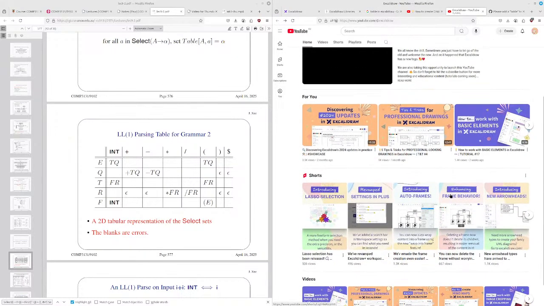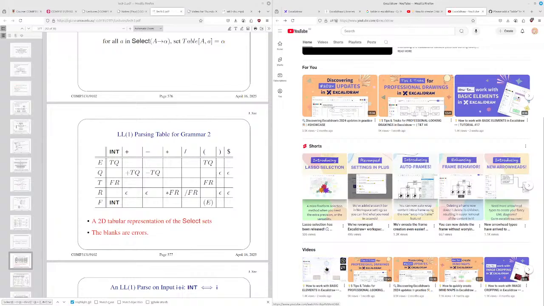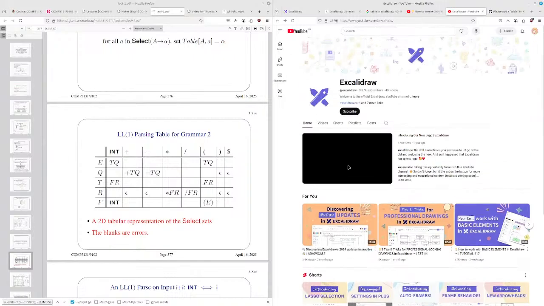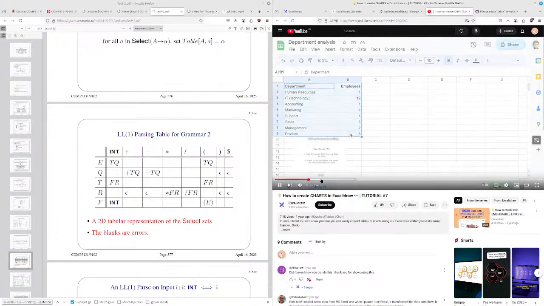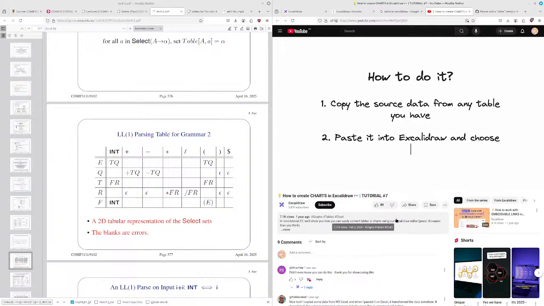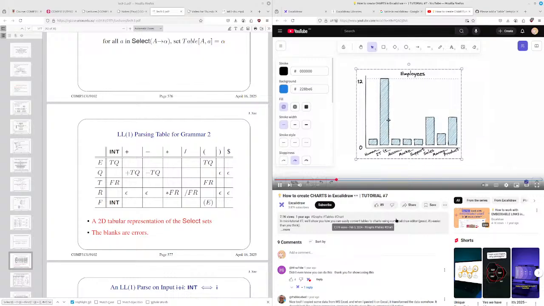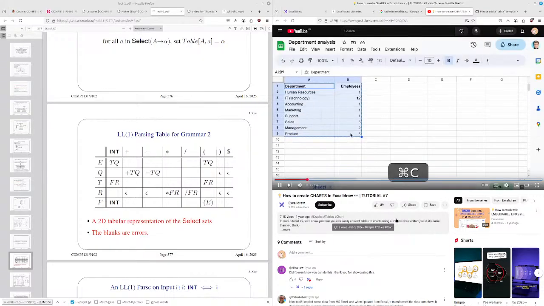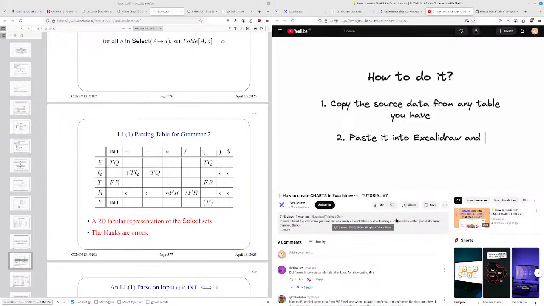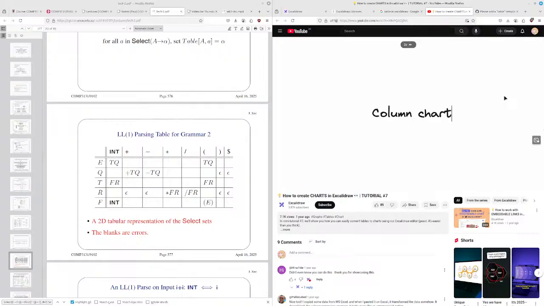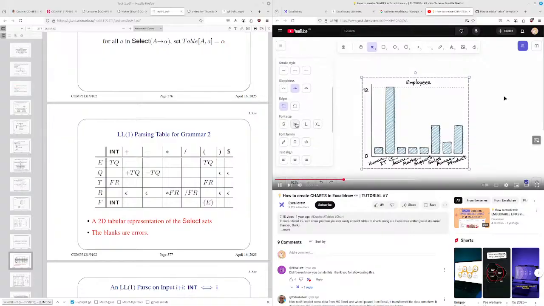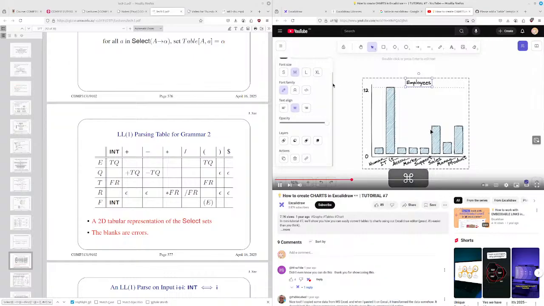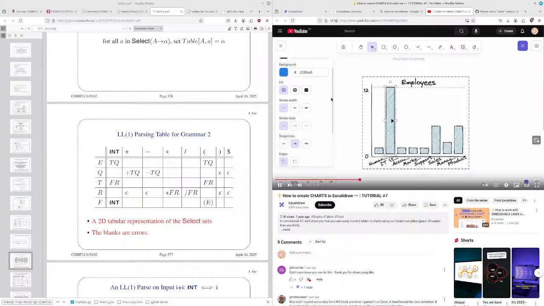Why are you using that music? Okay, Control C, paste it into Excalidraw and choose the charts. It's ludicrous. Is this just an SVG?